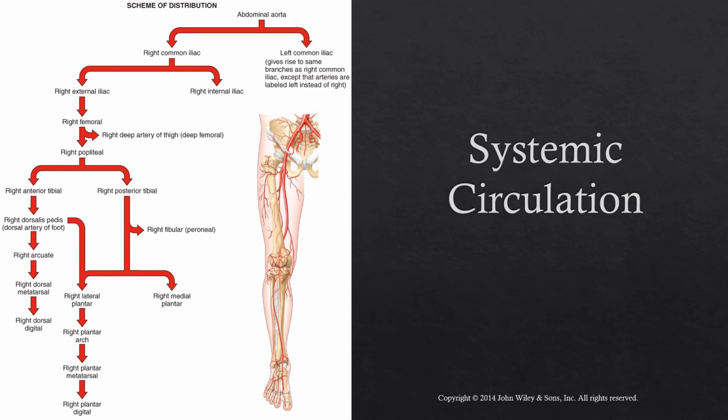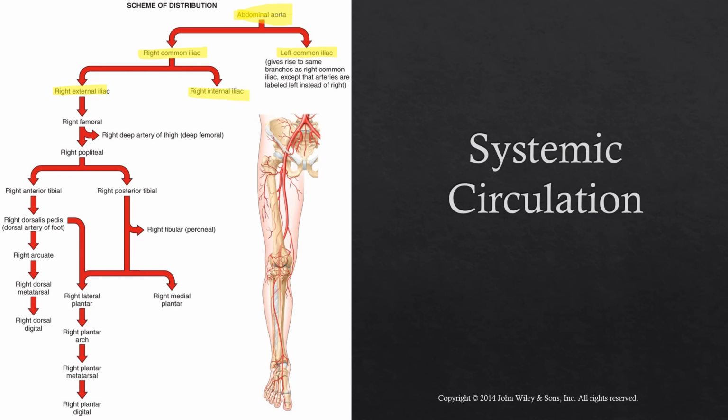All right, so now here we have a schematic going into the lower body. So here we have the abdominal aorta, and it ends by dividing into the right and left common iliac arteries. Then these in turn are going to divide into the right and left internal iliac arteries.